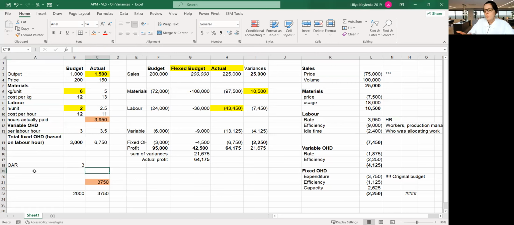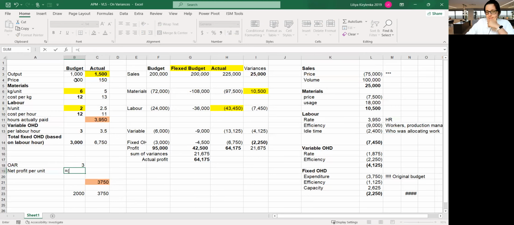So what we need to calculate is net profit per unit. And net profit per unit is going to be calculated as sales price minus kilos per unit multiplied by cost per unit, minus labor per unit multiplied by cost per hour, and minus variable overhead per labor hour multiplied by number of labor hours, and minus overhead absorption rate per unit.